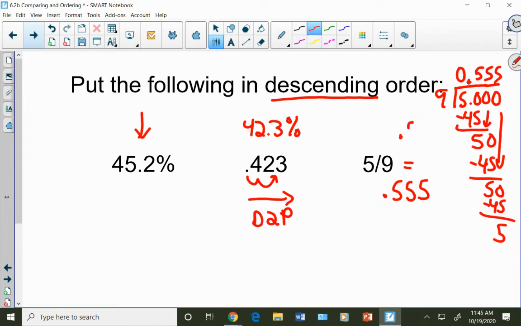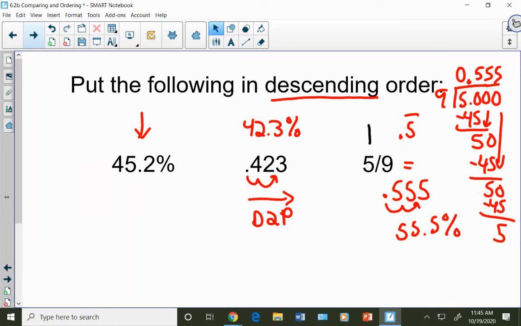It can also be indicated like this. Moving 2 places to the right, D2P, 55.5%. So which of these is the largest? 55%, 42%, or 45%? So 5/9 is first. Then 45.2% is second. And then the decimal, 423 thousandths, is the smallest number.